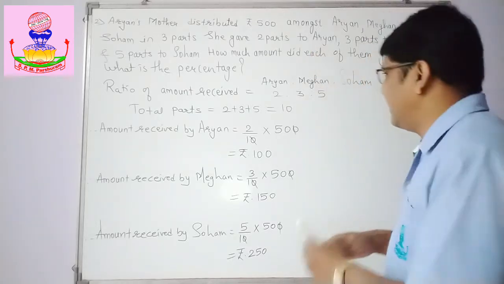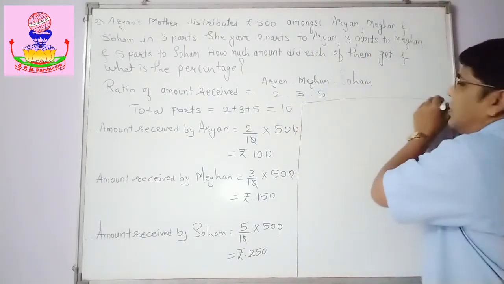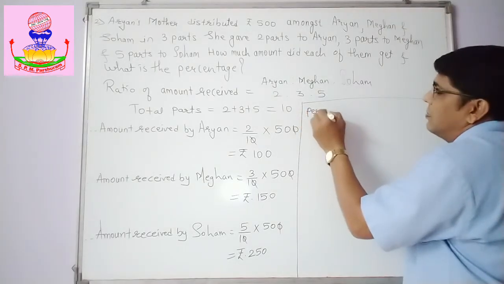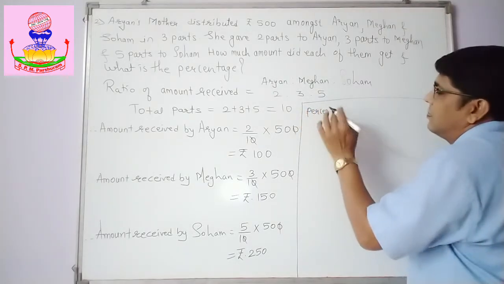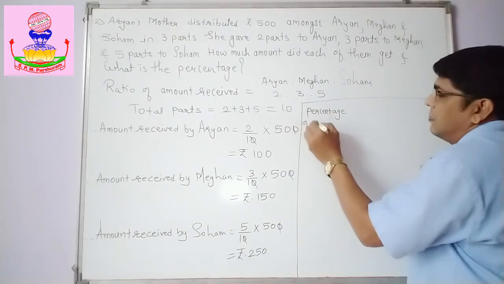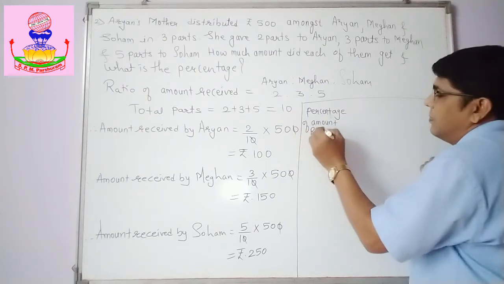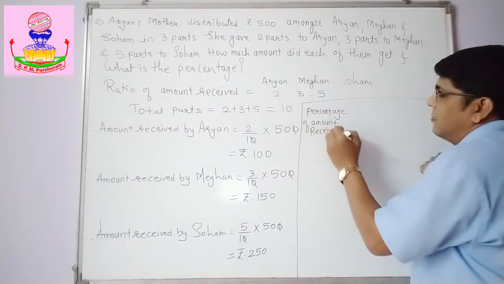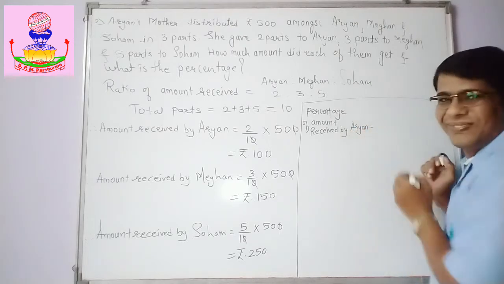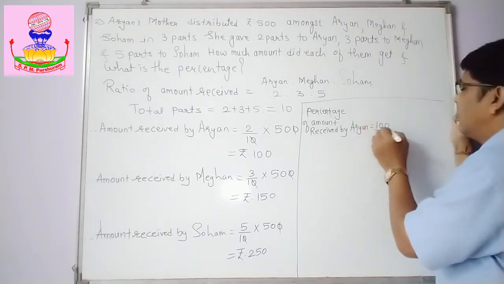Now let's find out the percentage. So the percentage of amount received by Aryan. Okay, what amount did he receive? 100.